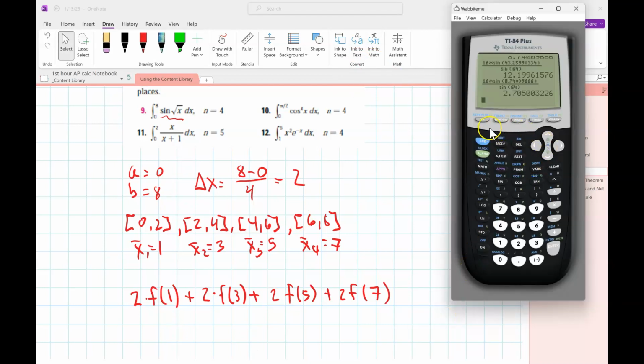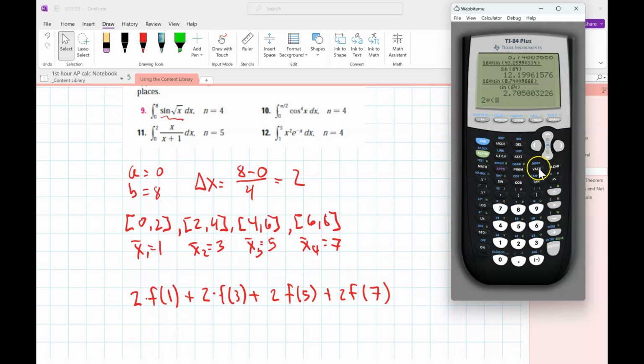So at this point, I'm just going to use my calculator. I'm going to input my function, my f of x, which is sine of the square root of x. And then we're just going to do 2 times, and I'm going to compress things for the sake of not having to press the button a million times.